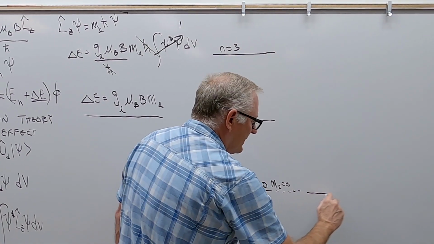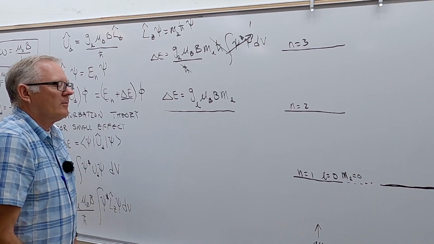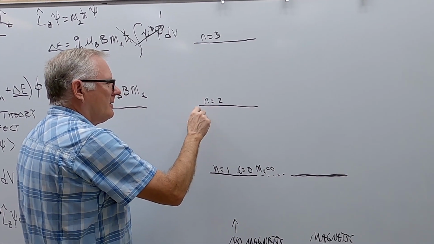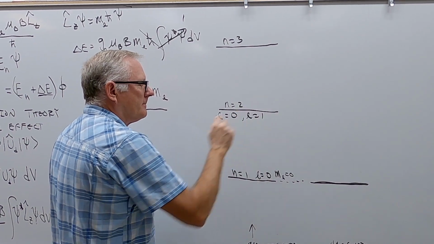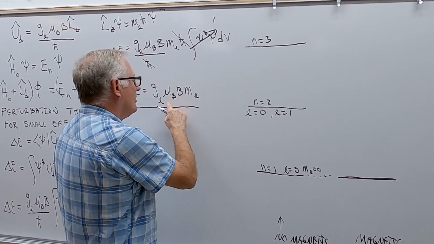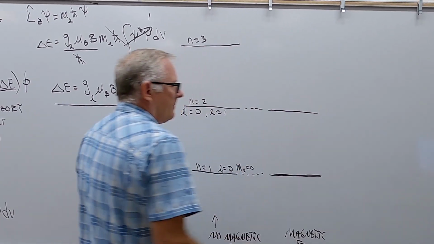So this would stay exactly in the same spot. Well, what about this one up here when n equals 2? L can be 0 or L can be 1. When L is 0, there's no shift, so it would be right there.